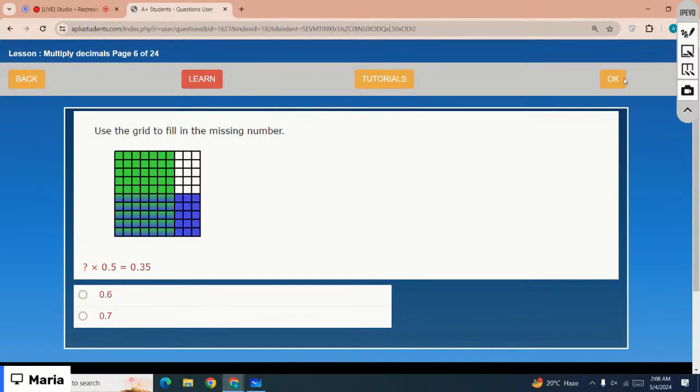Use the grid to fill in the missing number. That is 0.5 times 0.7. 0.7 is the correct option, right?